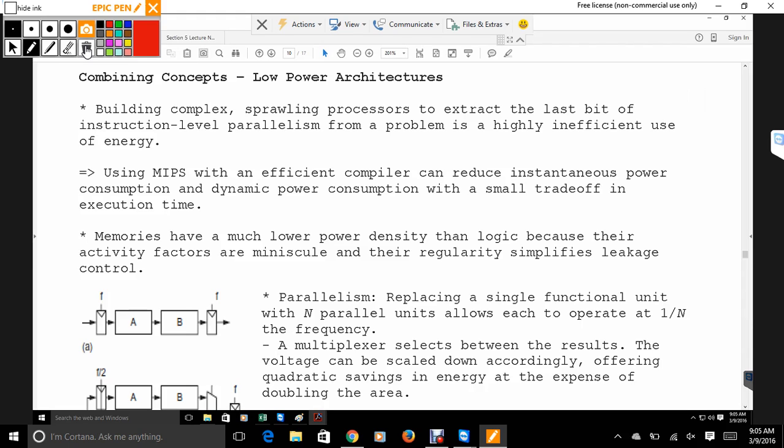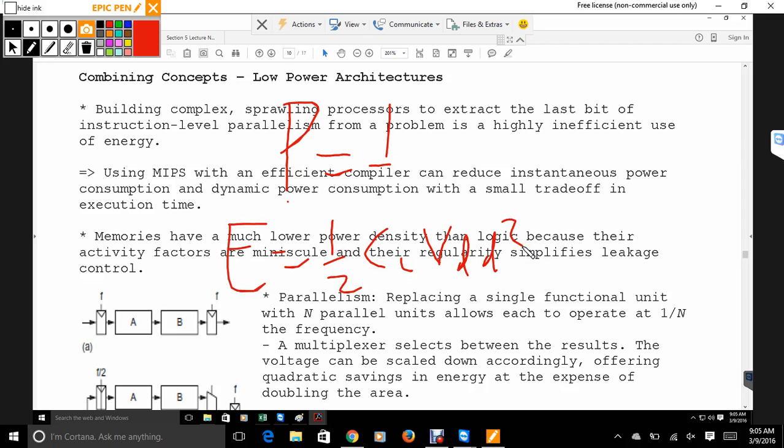You said everything except what I'm looking for; I'm trying to lead you to the answer. So energy is equal to 1/2 CL VDD squared. What's the relationship between energy and power? What do I have to multiply both sides by in order to get power? Frequency, there we go. So I got frequency and now we're at power, right?